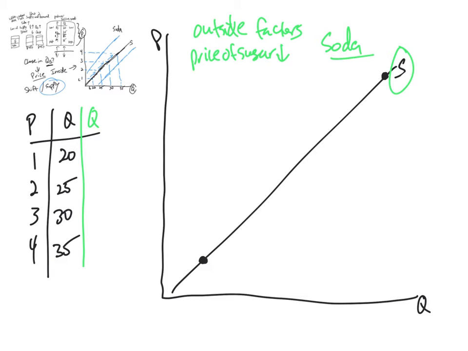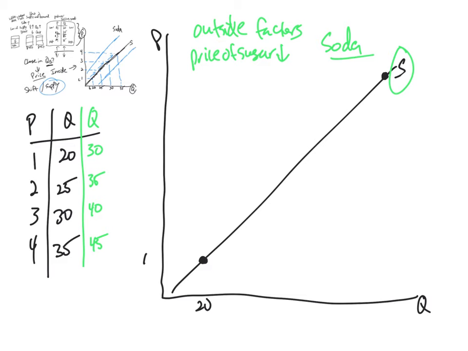So now at $1, instead of producing 20, I might be able to produce, let's say, 30, because soda is cheaper to make. I can make more of them. And I can make 35, and I can make 40, and I can make 45. So at every price, I could make more than I did before. Before, at $1, I could make 20.